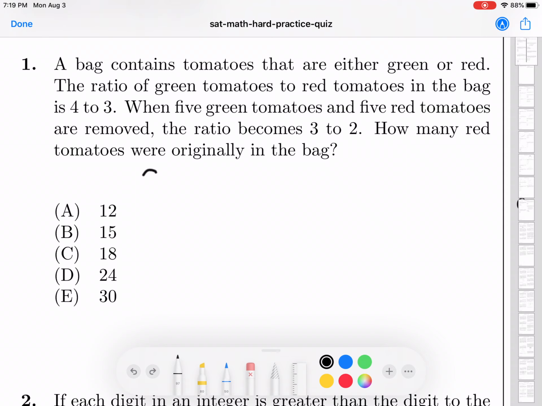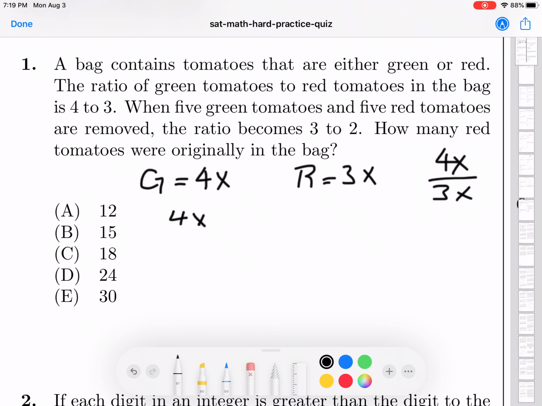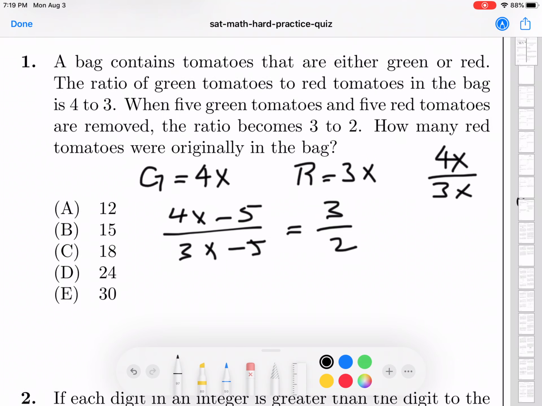So the amount of green tomatoes is 4 times a number x. The amount of red tomatoes is 3 times the number x. And that can be written as this ratio. So when we take away 5 from each bag, we're left with the ratio 3/2.